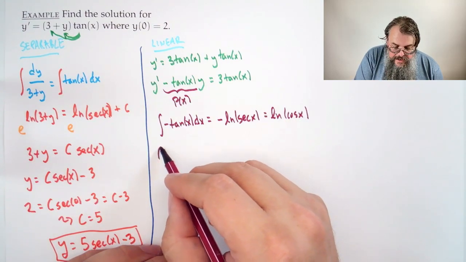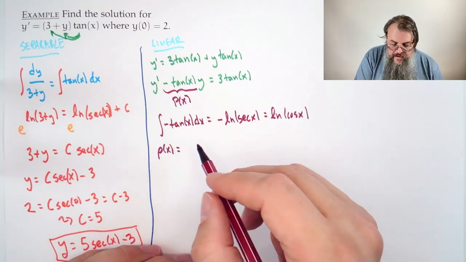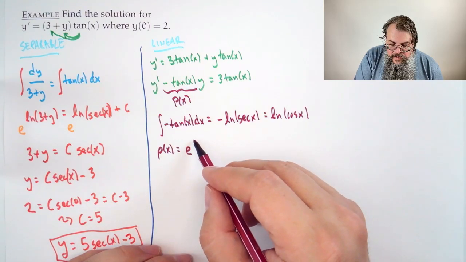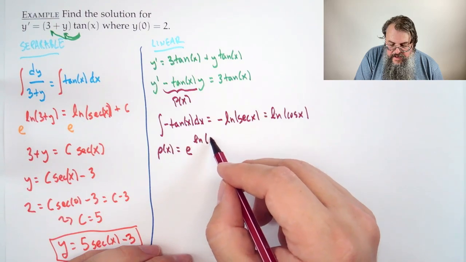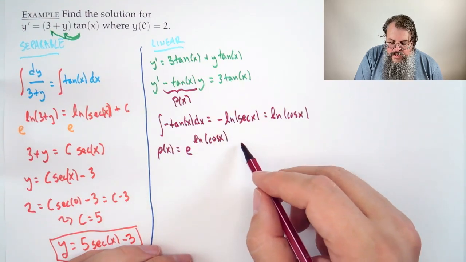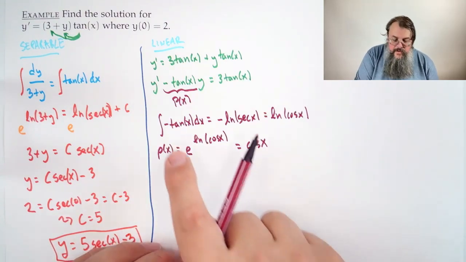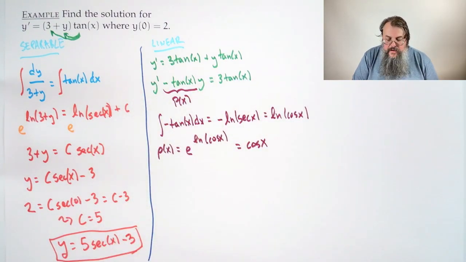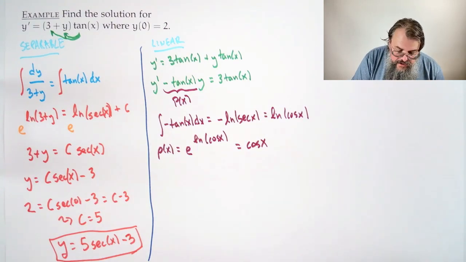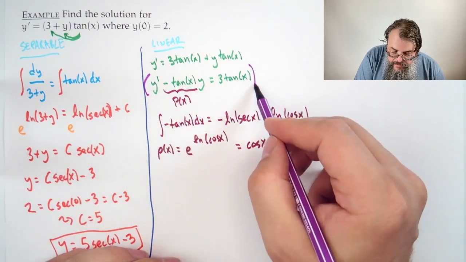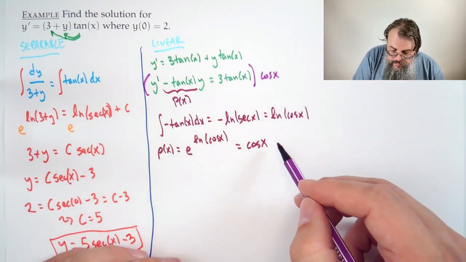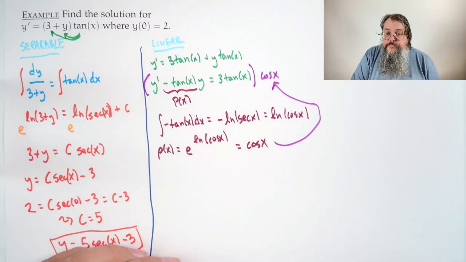So our integrating factor, rho of x, will be e to the log cosine of x, which simplifies to cosine x. So we're going to take that cosine x and everything is going to be multiplied by cosine of x.